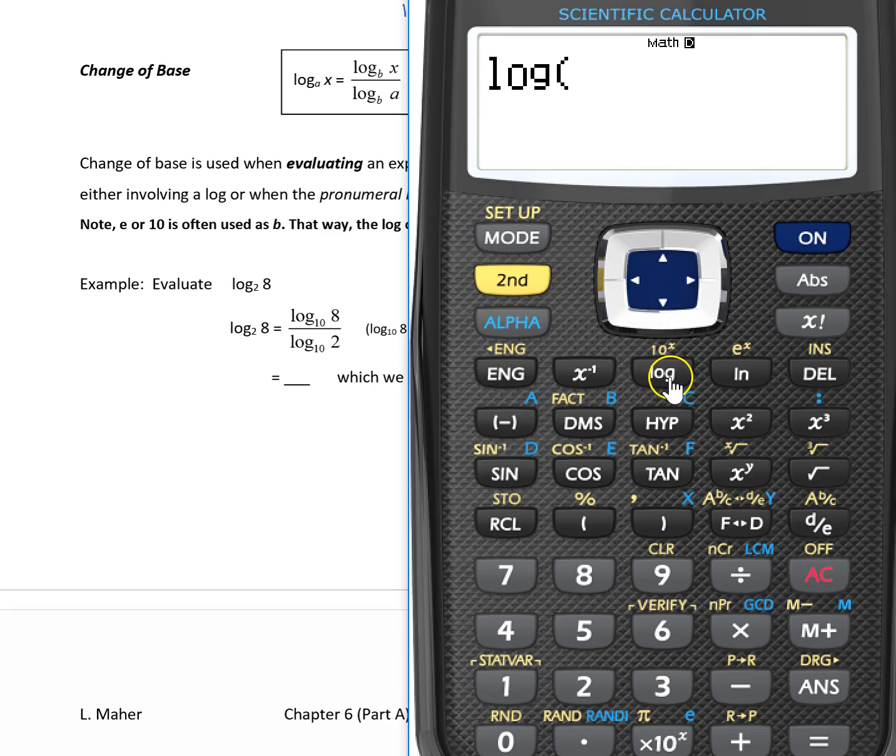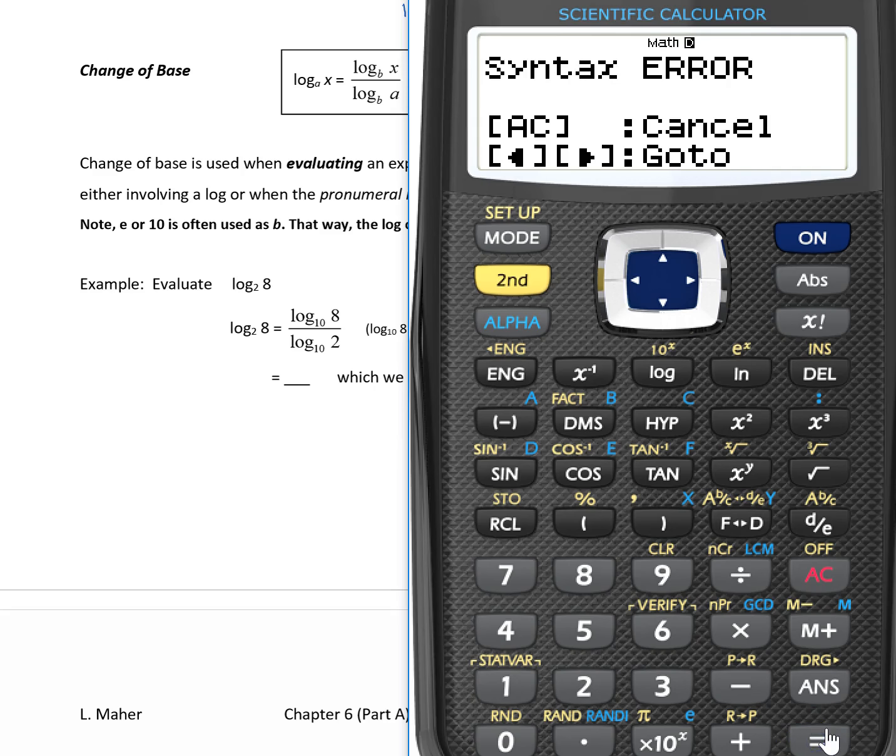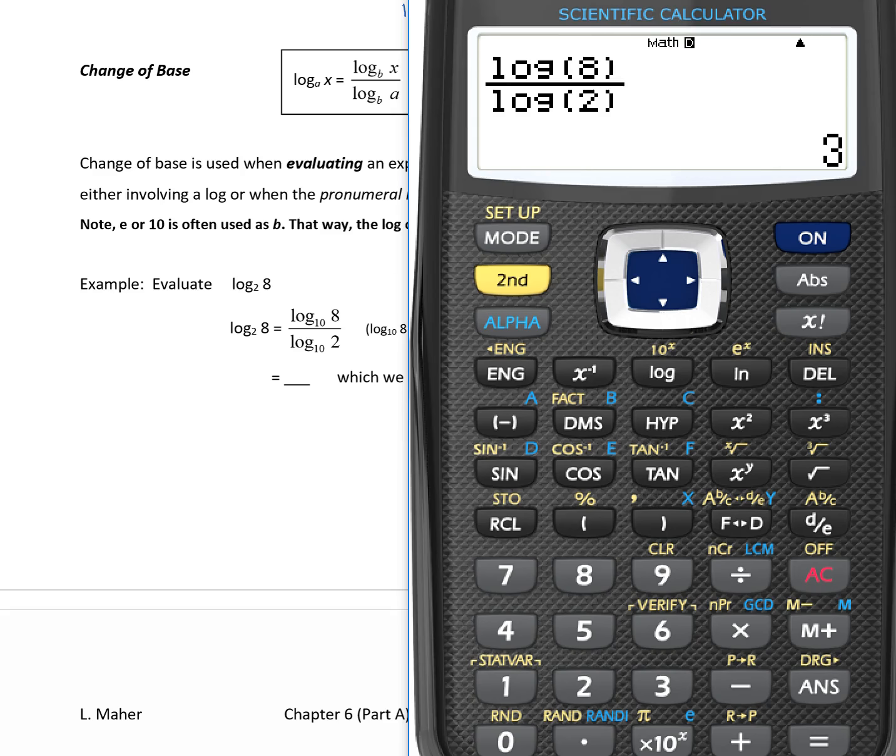So here we go, log 8. Oh, whoops, I'll just clear that, get my fraction up, go again, log 8, close bracket, come down, log 2, equal. What did I not do right there?